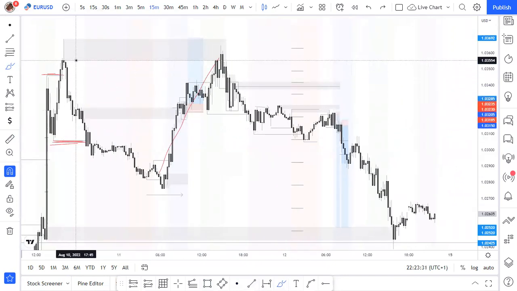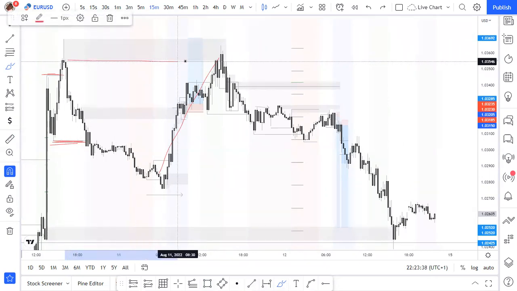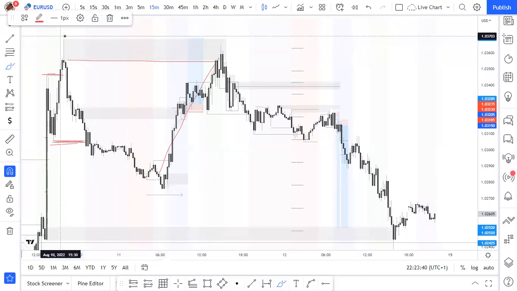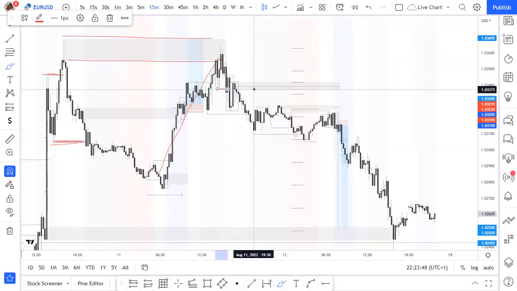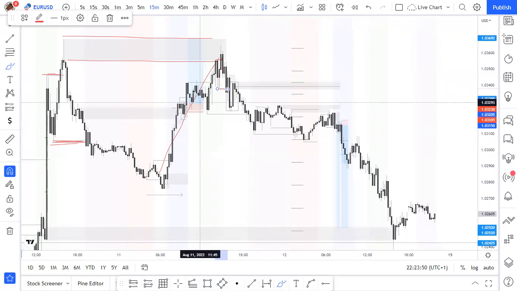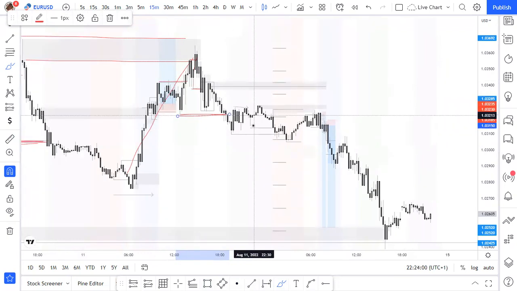So on Friday, London session, I was looking at this as some kind of supply zone. This is like the extreme supply zone. Price taps into the extreme supply zone, we get some kind of change of character within here, and within this range you can see we have this internal break of market structure here.